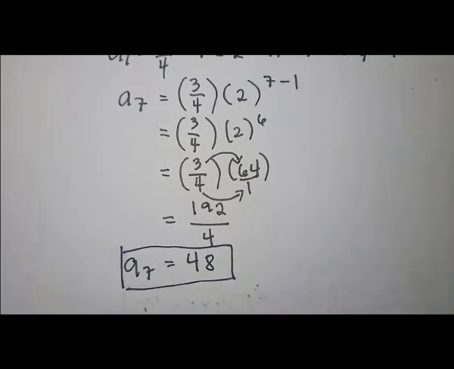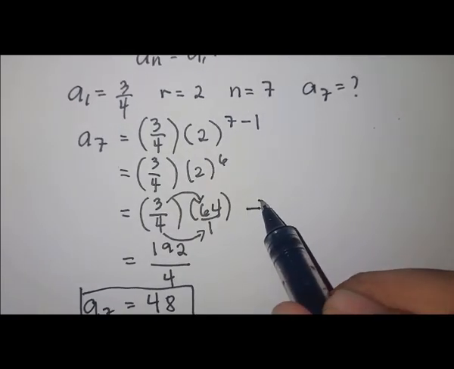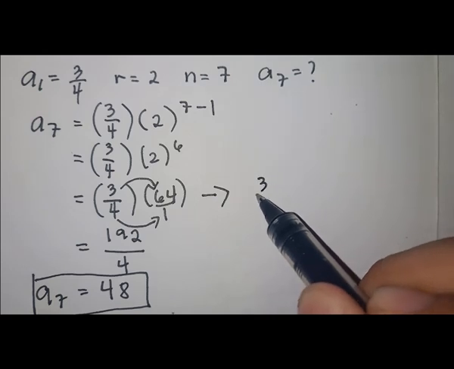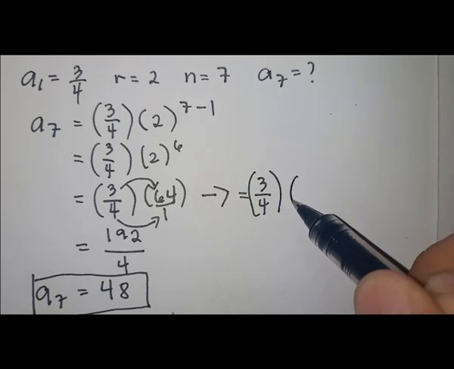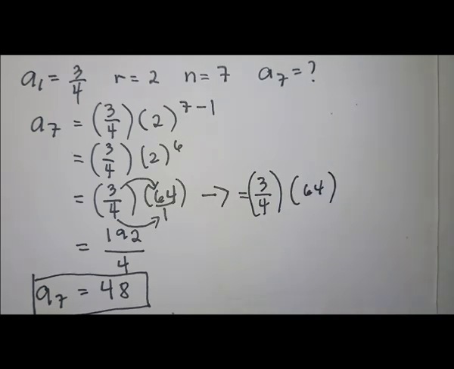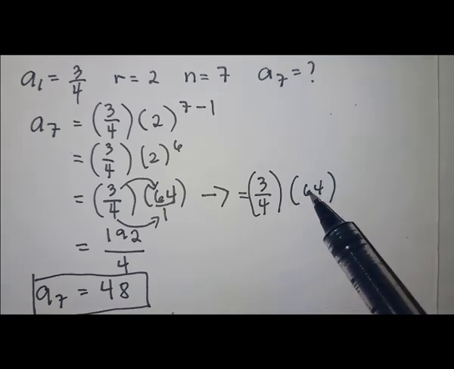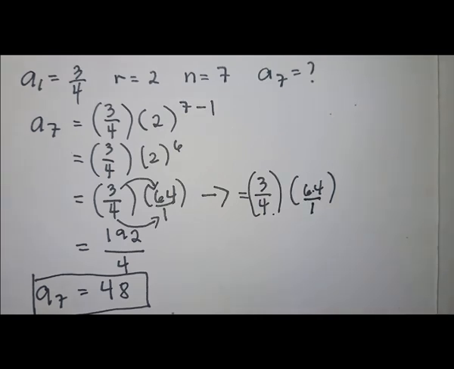Okay, so paano naman yung isang solution na sinasabi ko? Okay, ulitin natin yung part na to. So, sabi natin kanina, meron tayong 3 over 4 times 64. Okay. Sa part kasi na to, pwede tayong magkaroon ng cancellation method. No? Alam natin na yung denominator ng 64 natin ay 1.